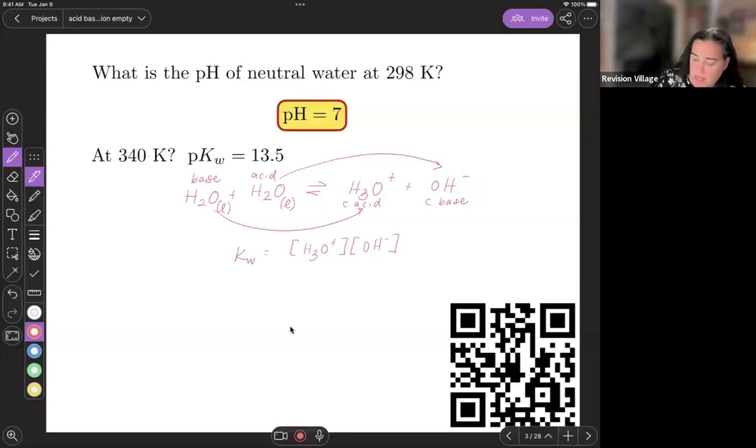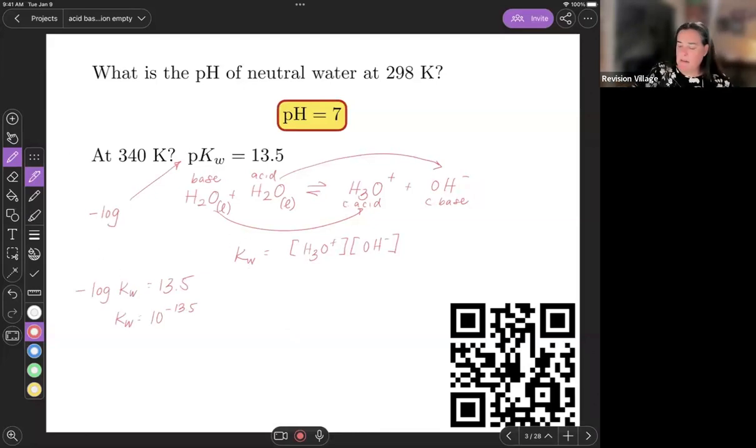Now, I gave you the pKw, and just as a refresher, the prefix p means take minus the log of. So I told you minus the log of the Kw is 13.5. That means Kw is 10 to the minus 13.5. One more thing we have to notice is that the concentrations are equal because we have pure water.